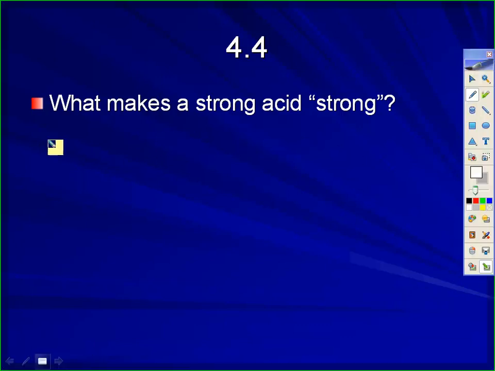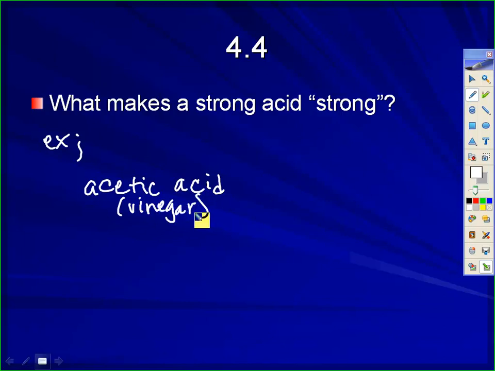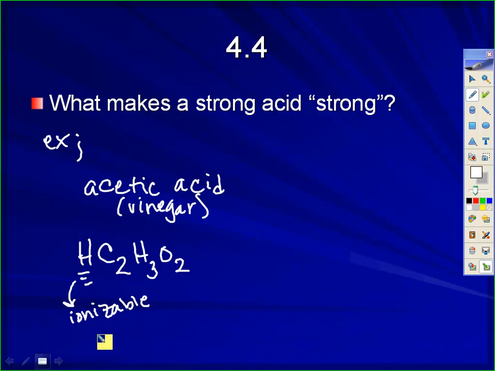So I'm going to give you a final example here. Acetic acid is vinegar that has been diluted. And the formula for acetic acid is HC2H3O2. One thing I want you to notice right off the bat is that this H out front is called the ionizable hydrogen.